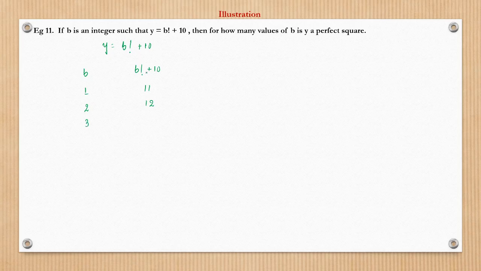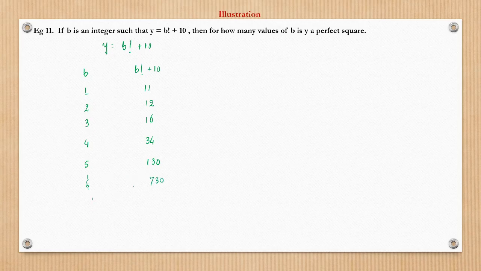If b is 3, 3 factorial is 6, so 10 plus 6 is 16. If b is 4, 24 plus 10 is 34. If b is 5, 5 factorial is 120, and 120 plus 10 is 130. Similarly, 6 factorial is 720 plus 10, 730, and so on.